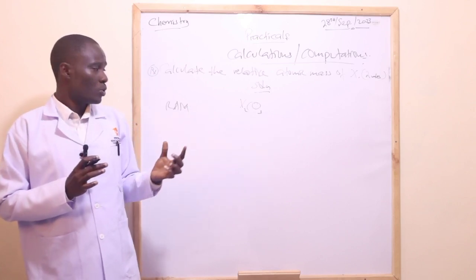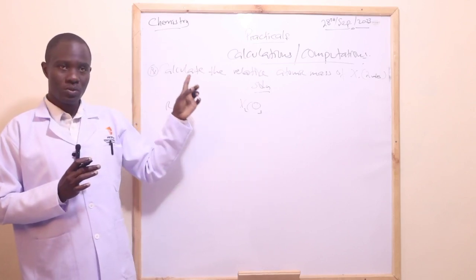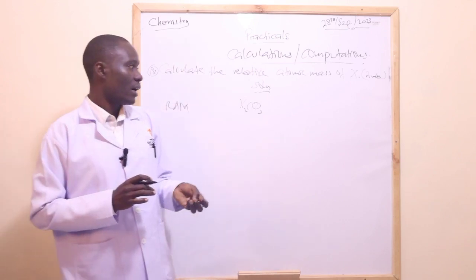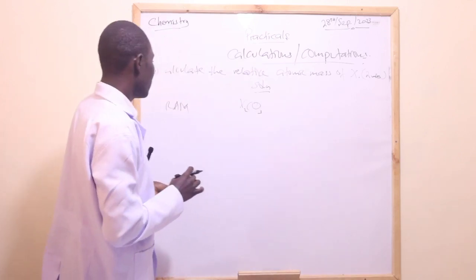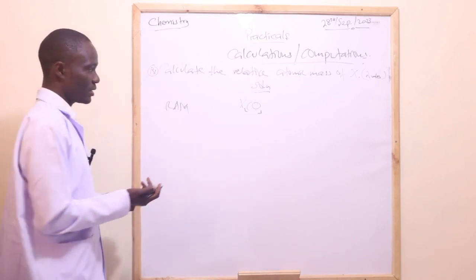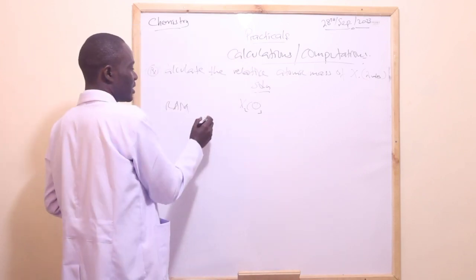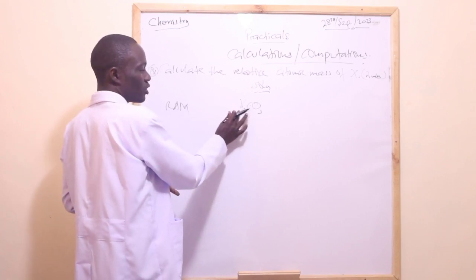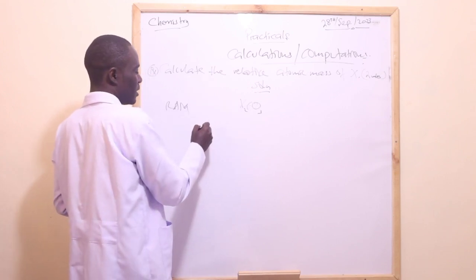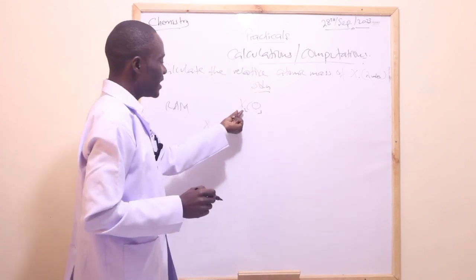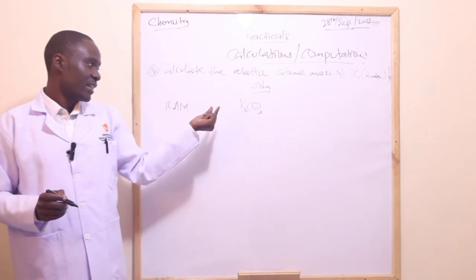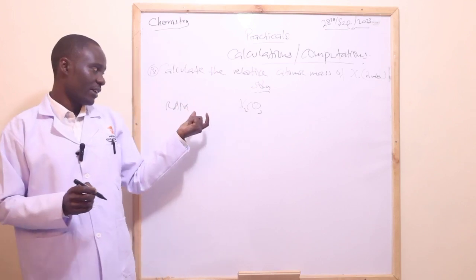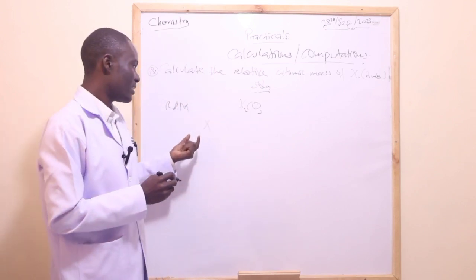By adding them. So we shall add them here, then equate to 141, because it is our relative formula mass. Since X isn't known, let's write it as a letter that represents the chemical symbol of that element.